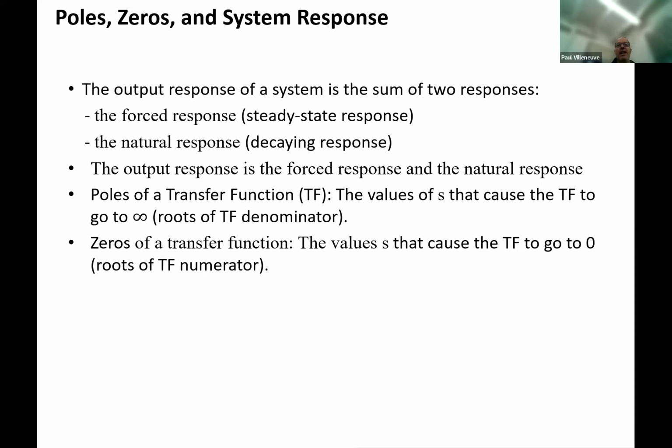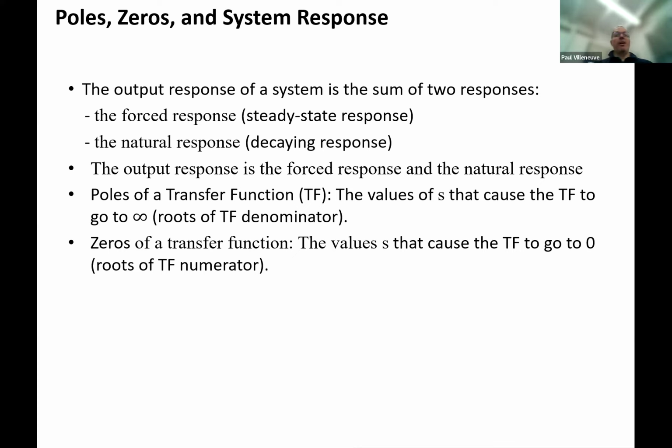So our output has two parts, if you will. We have a forced response, which is the steady state. The forced response is a result of energizing our system, providing it some sort of a power source or signal so that we get an expected output or close to what we want for an output. So we are literally driving that output to what we want it to be based on the input that we provide.